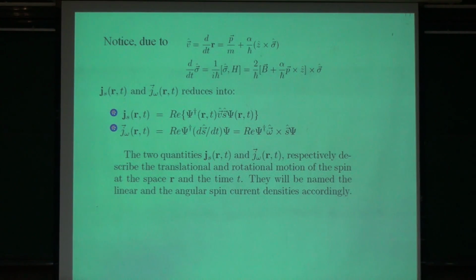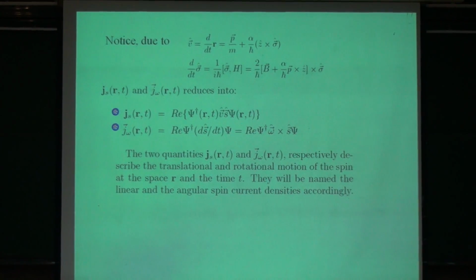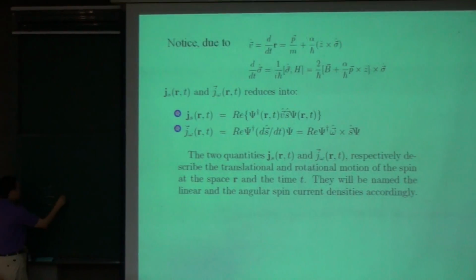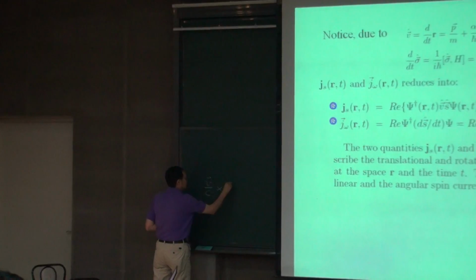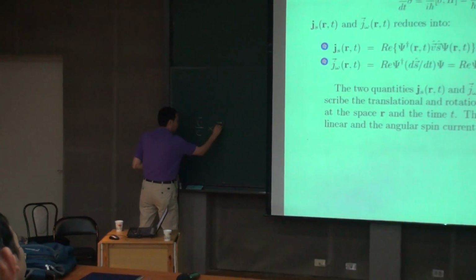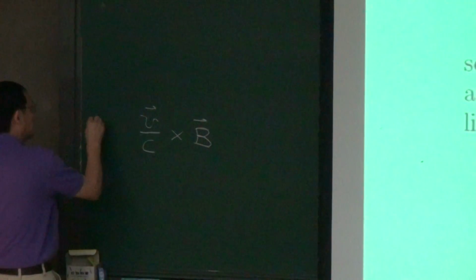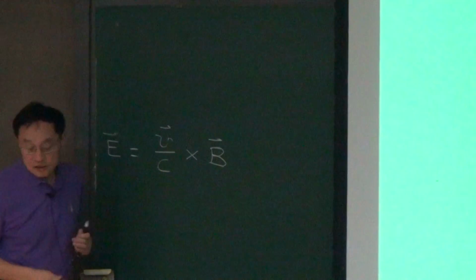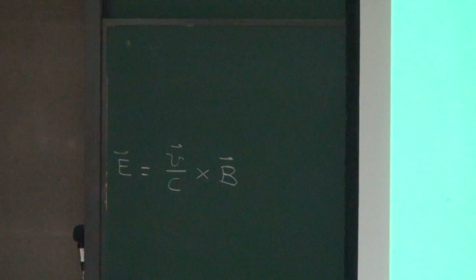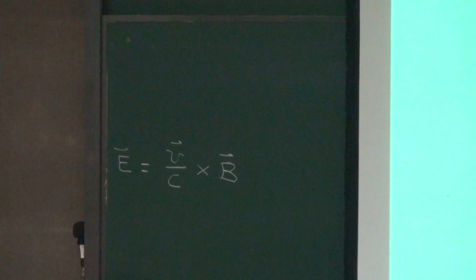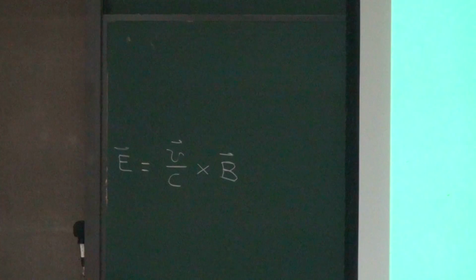Now, if this magnetic dipole is in motion, apart from the magnetic field it creates, it will also create an electric field, because of the velocity v cross, divided by the speed of light, its magnetic field. This is the so-called Lorentz transformation, right? If your source is moving, apart from creating a magnetic field, you will also create an electric field.